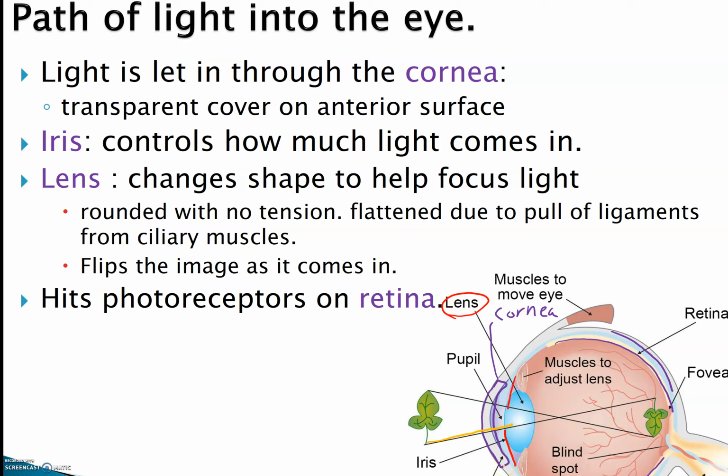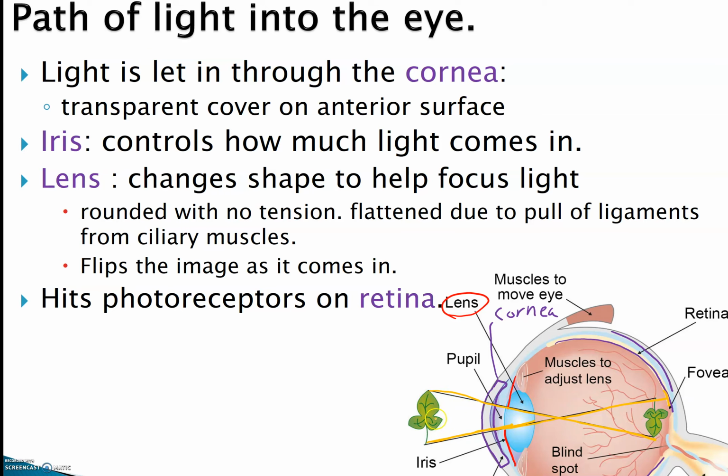If it's a far object or dim light, or you're upset, or if you're attracted to something, it's going to be dilated and wide. So the light goes through, gets bent again, or refracted, by the lens, and it ends up hitting the back of the eye. And notice it got flipped upside down.